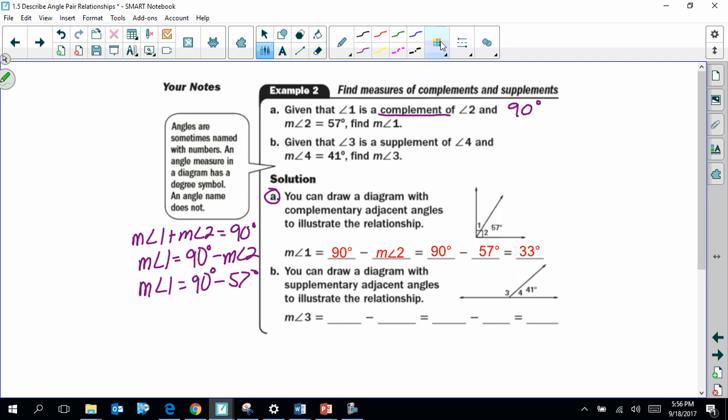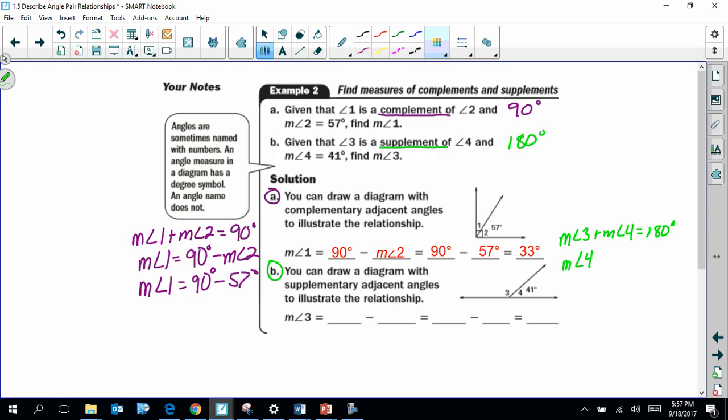Well, part B here, it says, given that angle 3 is a supplement of angle 4. So right away, just by seeing that word, we need to recognize we're talking about angles that have a sum of 180 degrees. And again, the way that I would work problem B out is I would say the measurement of angle 3 plus the measurement of angle 4 has to be 180 degrees. Well, since I'm looking for the measurement of angle 3, now I can move angle 4 over through subtraction.